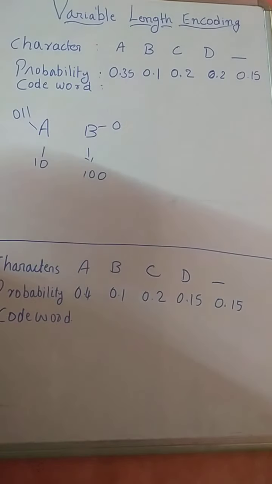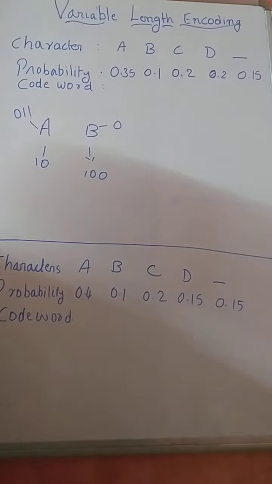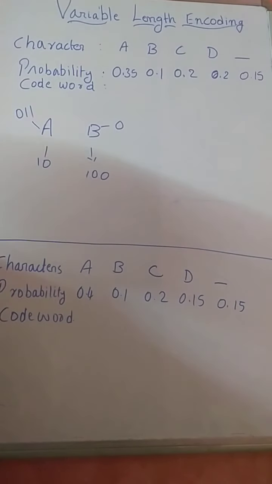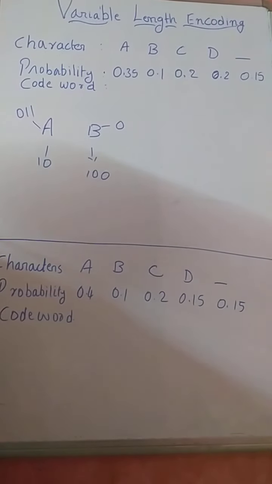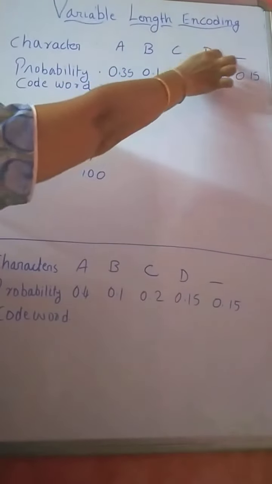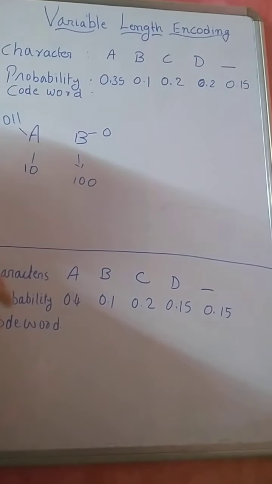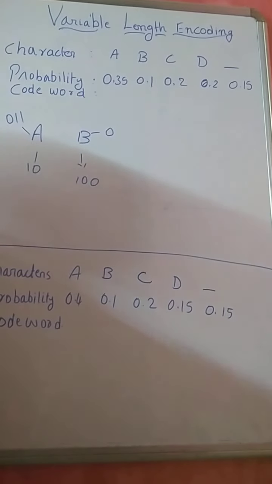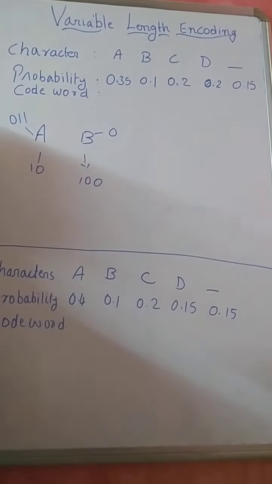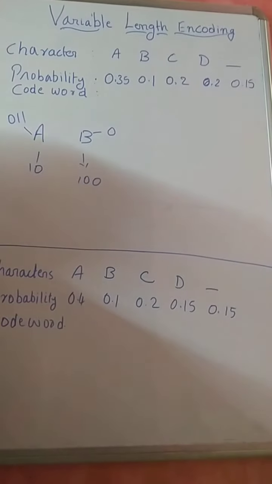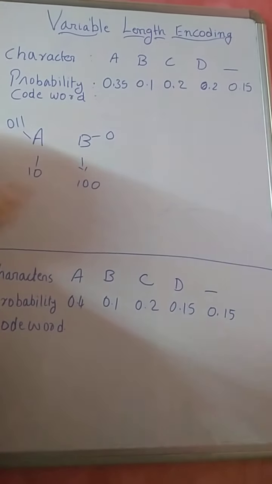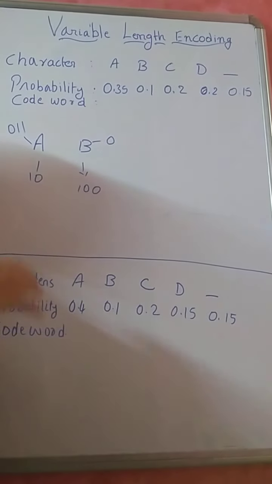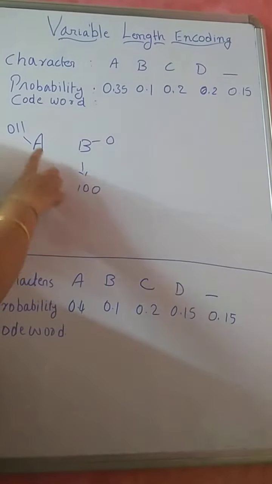But in this case, you require one more input along with the characters that occur in the given text. Along with the characters, we should know how many times A occurs and how many times B occurs. Here A occurs 10 times and B occurs 100 times.